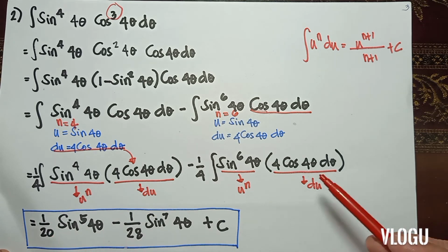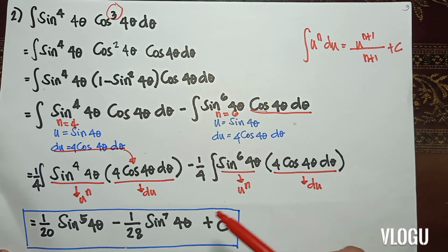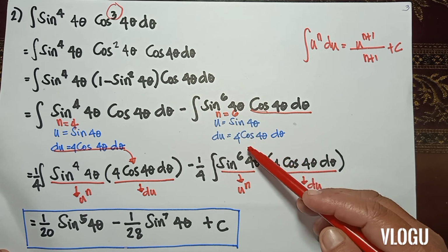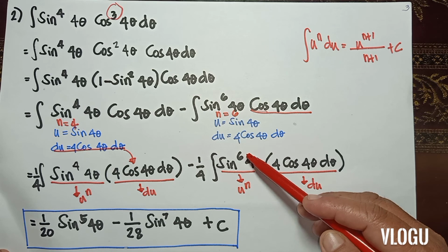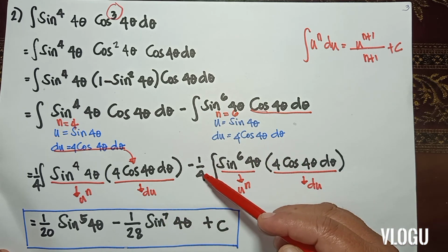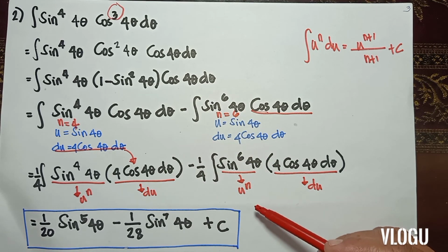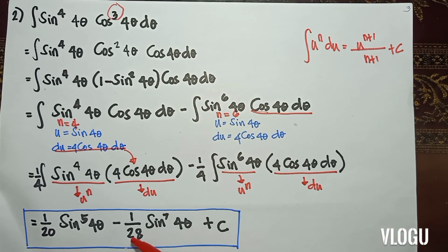So you have 1 over 20 sine to the 5th 4 theta. Minus, this is 6 plus 1, that is 7, so you will have sine to the 7th 4 theta, 1 over 4 times 7, that is 28. So you will have 1 over 20 sine to the 5th 4 theta minus 1 over 28 sine to the 7th 4 theta plus C as your final answer.